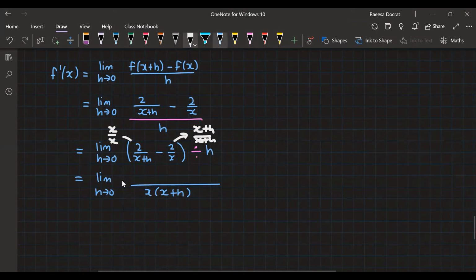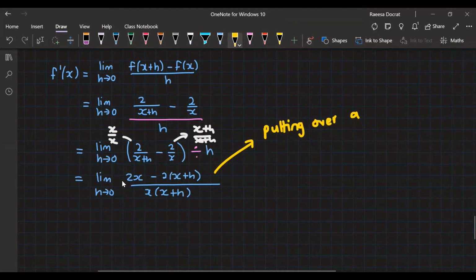So then the numerator is going to become 2 times x minus 2 times x plus h, over x times x plus h. That's just putting it over the common LCD.